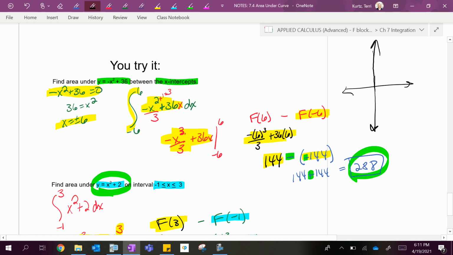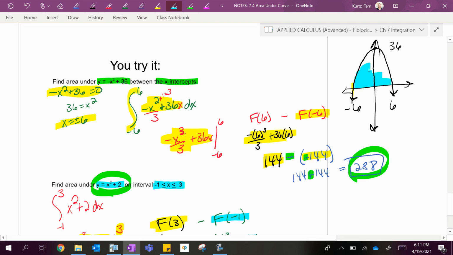This is -x² plus 36, so this is going way up to 36, but it is symmetric around the y-axis. So this is up at 36, and we are finding the area from -6 to +6. So we're finding this area.